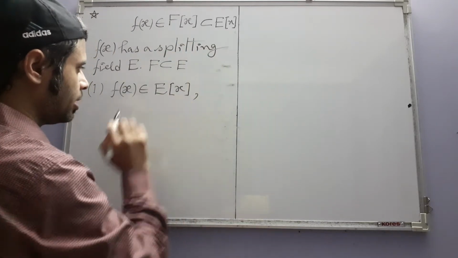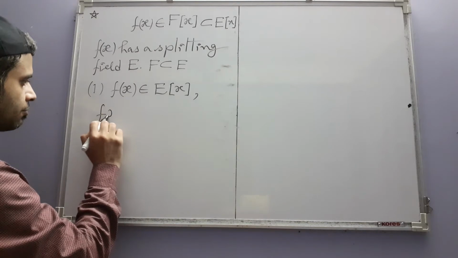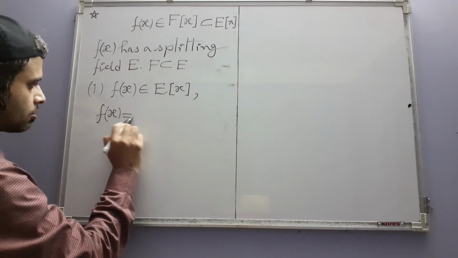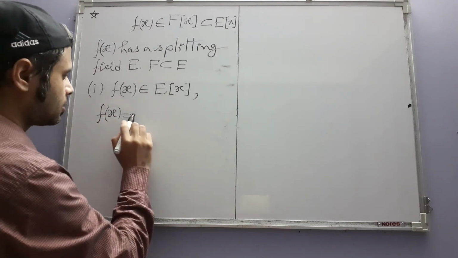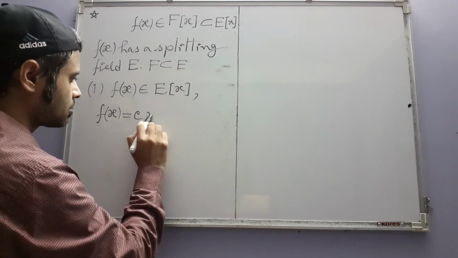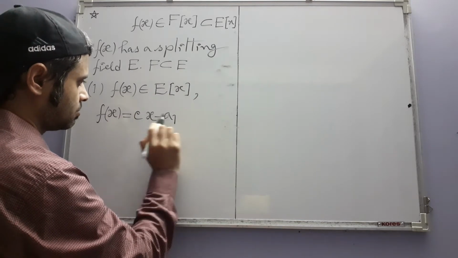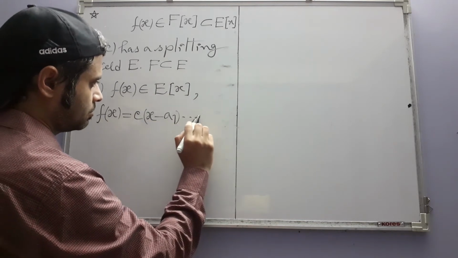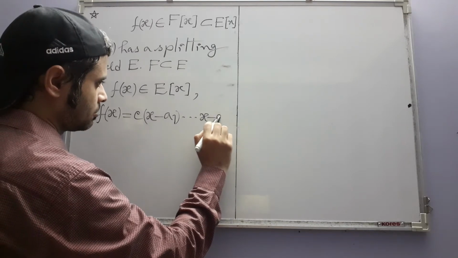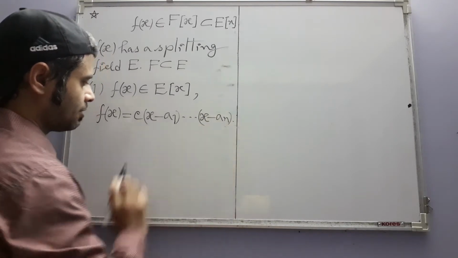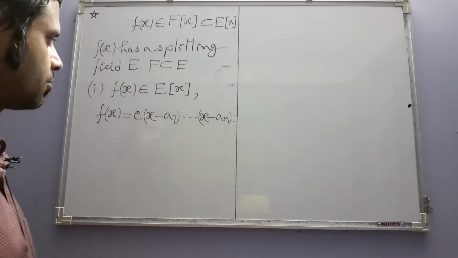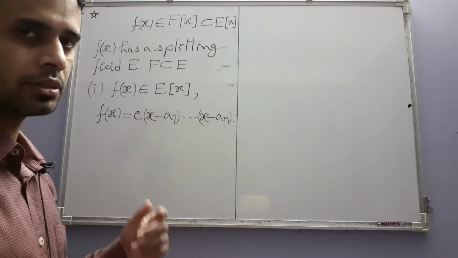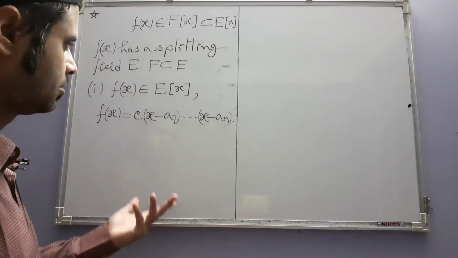Now when you do that, f(x) suffers a total decomposition, or in other words has a factorization of this form. That is, f(x) can be factored as a product of linear factors, degree 1 polynomials.